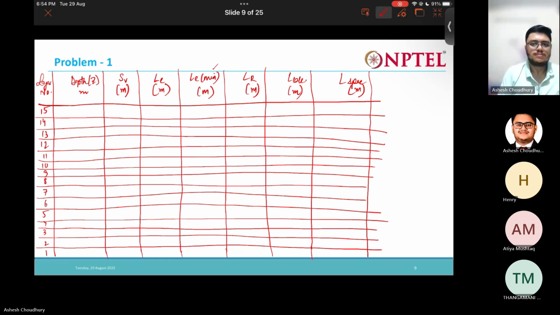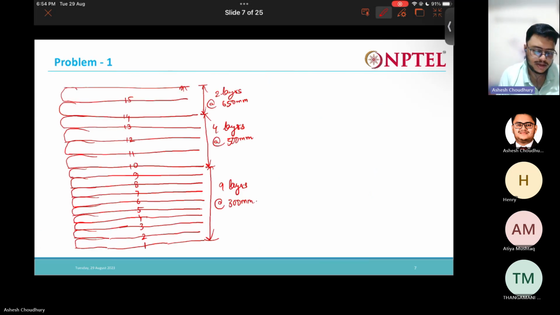Now, what are the depths? Please see from this image and tell me what is the depth Z of layer number 15 from the top level.